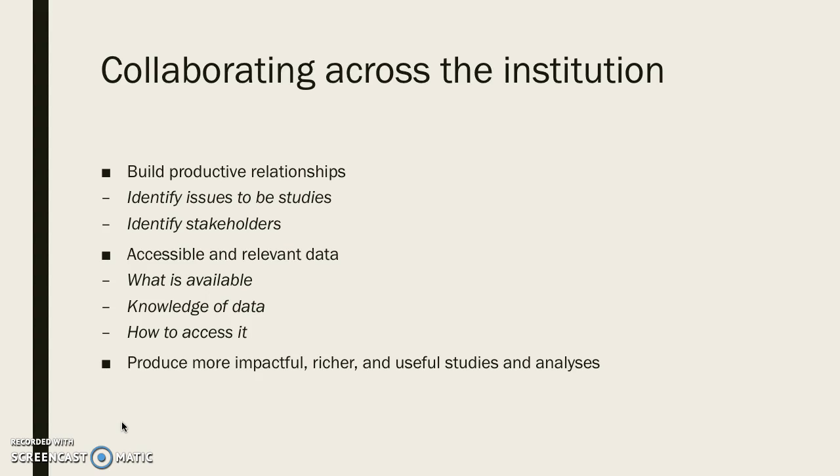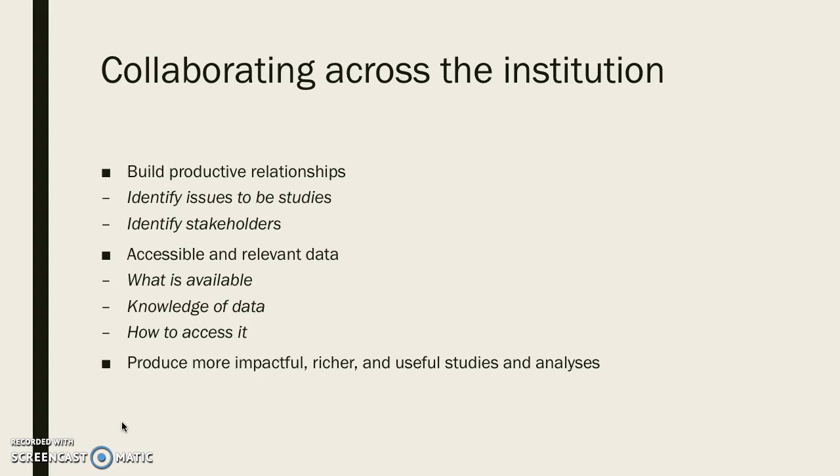There is research that suggests that there needs to be collaboration across the institution with the institutional research office. This can happen by building productive relationships. If I were a program coordinator and I needed to do an assessment with the institutional research office, I would also want to make sure that I'm identifying the issues that I want to be studied, as well as the stakeholders, as well as who else can help me.